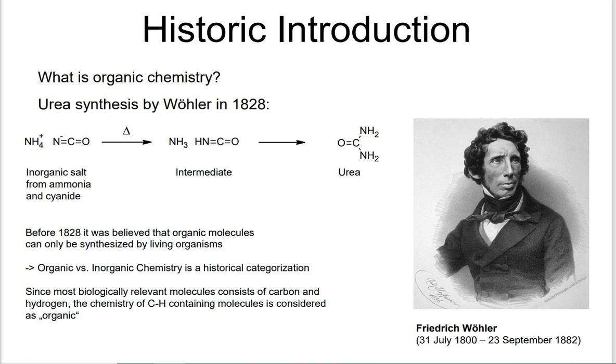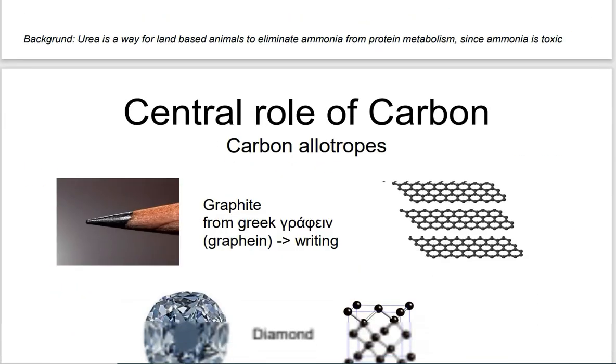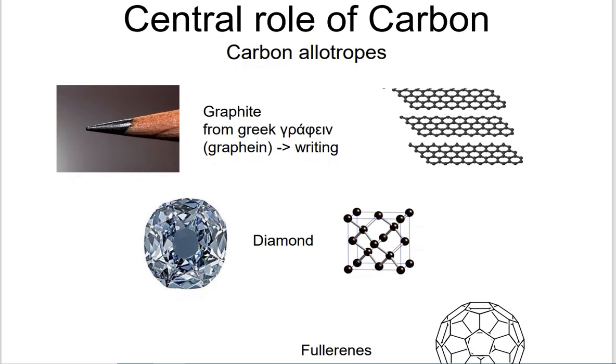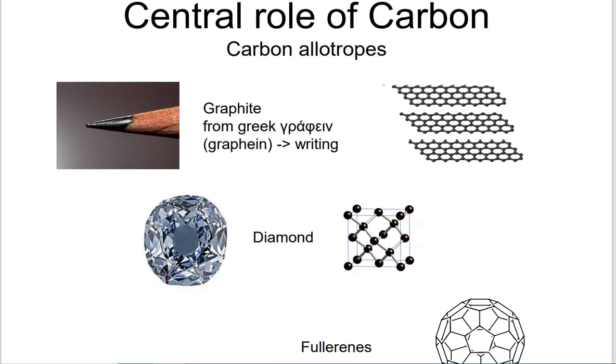And this is how they named this study field organic chemistry, which means the chemistry that deals with carbon-containing compounds. Of course, nowadays we can also synthesize. So most of the carbon-containing molecules or polymers are synthesized and not just the ones available naturally.